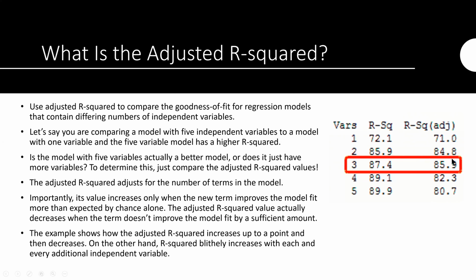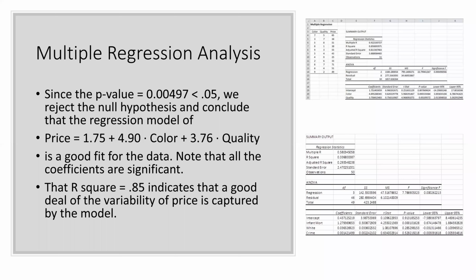You got that? So that's why you look at adjusted R squared for choosing the best fit model, along with the p-value. P-value tells you which one to drop, but for the overall model, you look at adjusted R squared. So let's go back to this question.